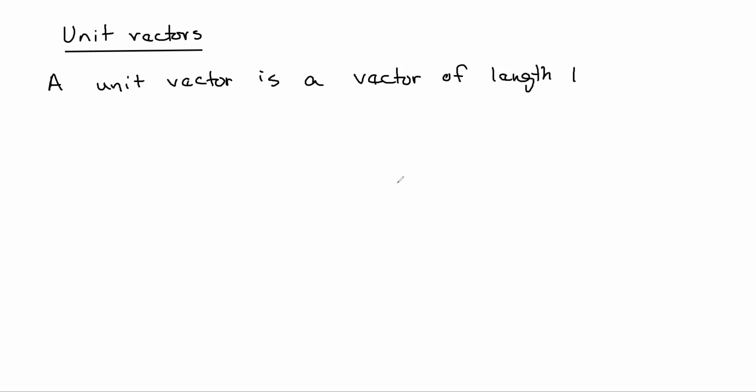A unit vector is a vector of length 1. Okay, so that's just our definition. So anytime you hear the word unit vector, that's what it means. It means that the length of the vector is 1. So we're going to look at some coordinate unit vectors.